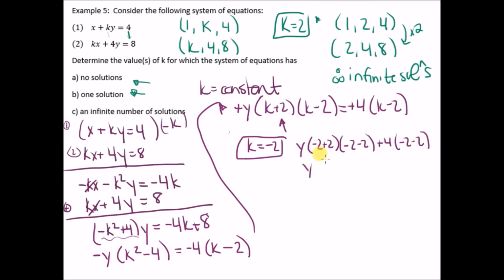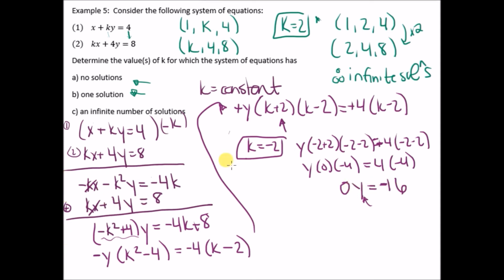So we get 0 on the left, and negative 4 times negative 4 is 16, so we get 0y equals negative 16. What number can we sub in for y in order to have 0y equals negative 16? Well, nothing, because 0 times any number is going to equal 0.